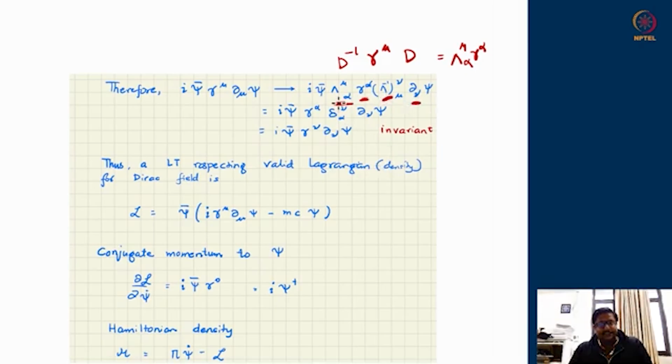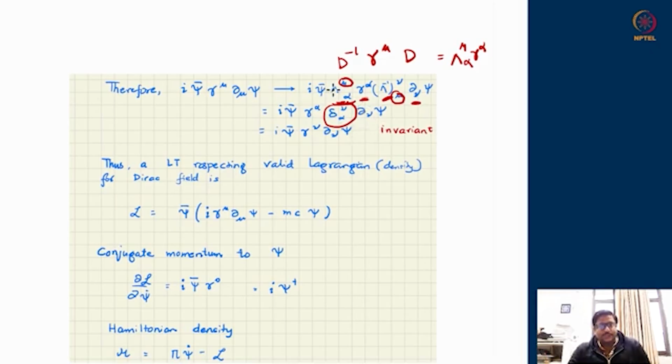This and this, they are just numbers, they are not matrices, they are components of matrices. They can combine and give you a Kronecker delta mu alpha, because the matrices are inverses of each other. That means components multiply to each other such that the row of one combines with the column of the other and so on, and gives you an identity matrix. That means the component becomes the Kronecker delta. Unless they are the same, they will give you 0. If they are the same, they will give you 1.